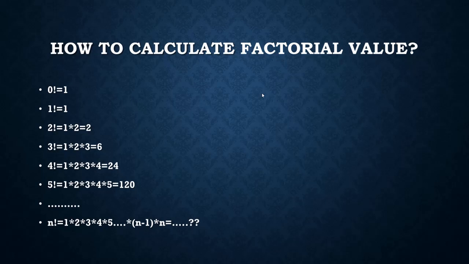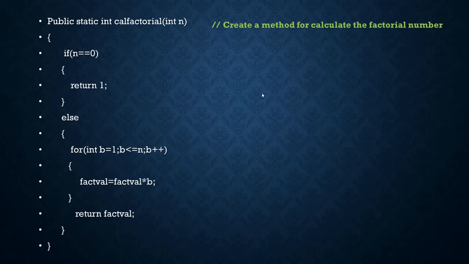Now I want to write a Java method to calculate the factorial value. Let's see. This is the program. Initially I have a public method with return type integer and a parameter called n. n is the value for which I want to calculate the factorial.